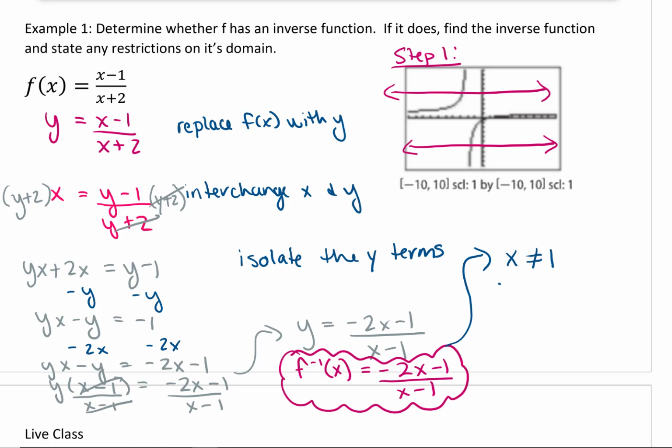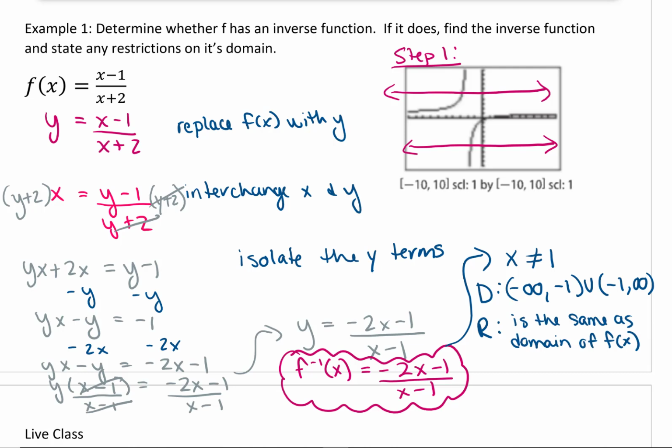I'm going to actually write that in our proper notation. The range for our inverse is the same as the domain for the original function, meaning that if I can find the domain of the original function, I have the range of the inverse.